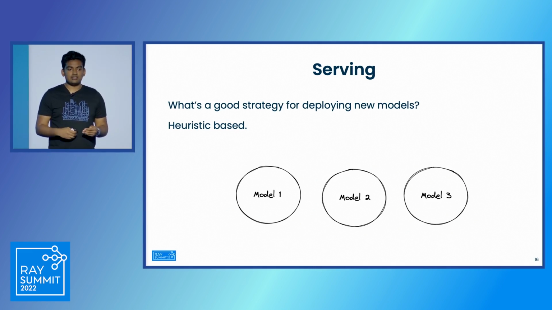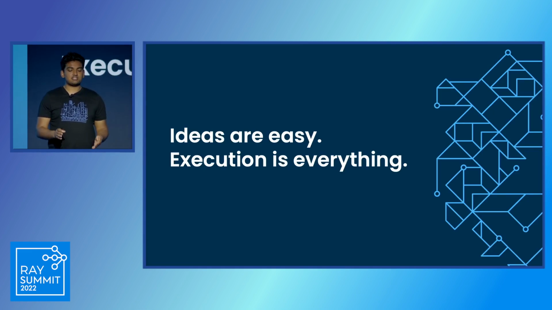They also need infrastructure to serve their models in such a way that they can serve the needs that they have. All of this is to say that ideas are easy, but execution is everything. And so RLlib, the tool that we make at any scale, really is going to be your best bet when it comes to helping you solve your challenges.